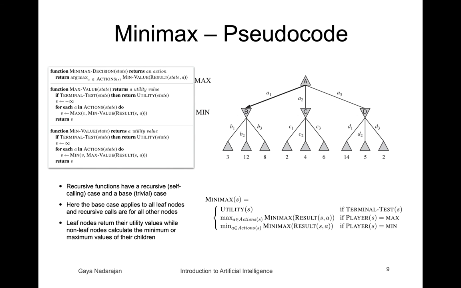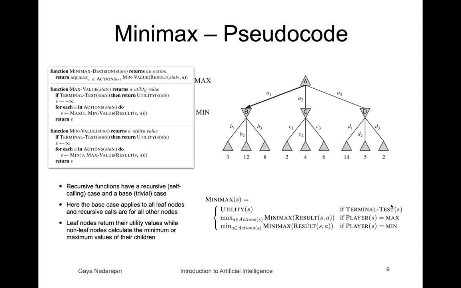So here is the pseudocode. This is probably the most important slide of this lecture, and also the most important part that you need to focus on. So the Minimax algorithm has this pseudocode. Pay attention now. What Minimax is going to do, for a particular state it's in, is one of three things.